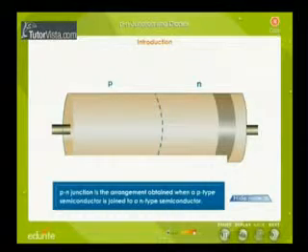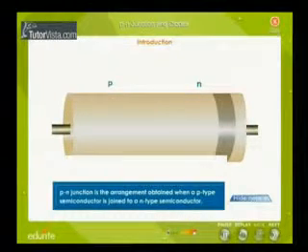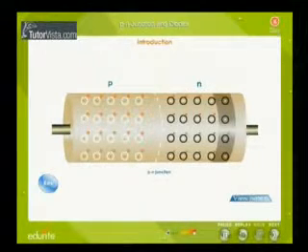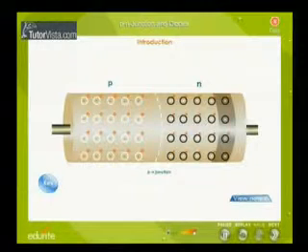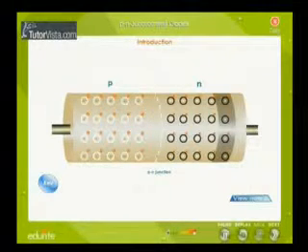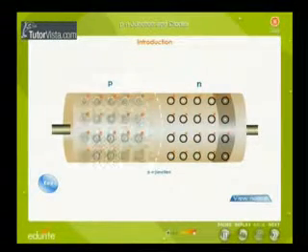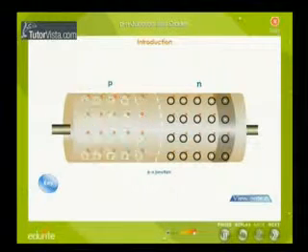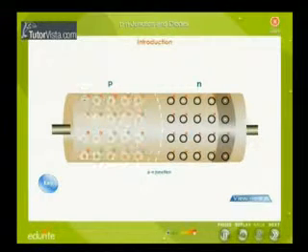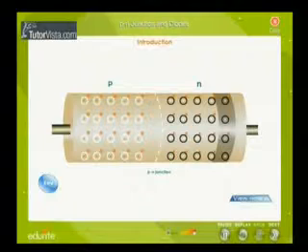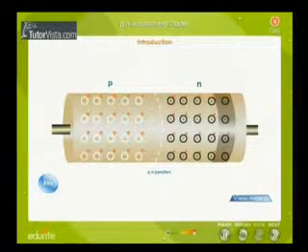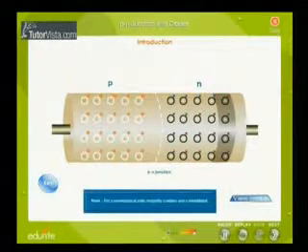PN junction is the arrangement obtained when a P-type semiconductor is joined to an N-type semiconductor. Displayed here is a PN junction. Immediately after it is formed, the P region contains holes which are mobile and negatively charged impurity ions, which are immobile, and the N region contains positively charged impurity ions, which are immobile and mobile electrons.